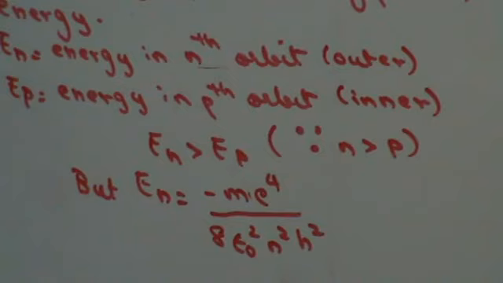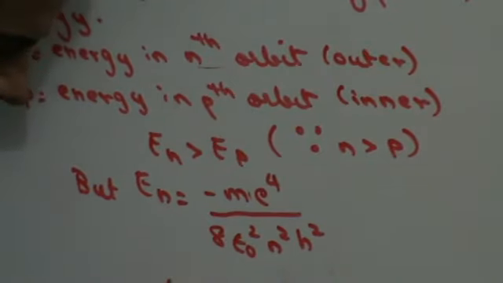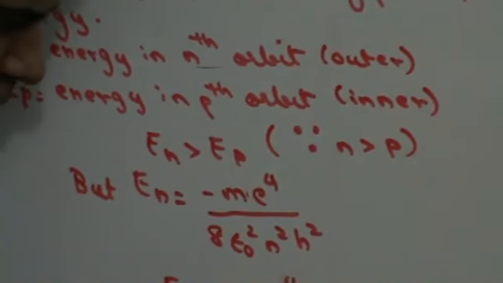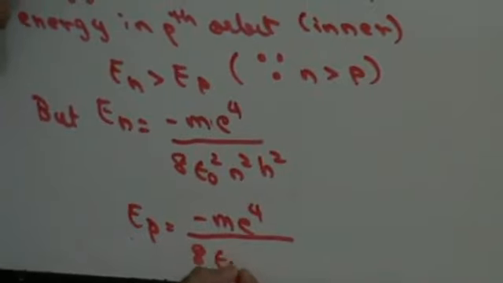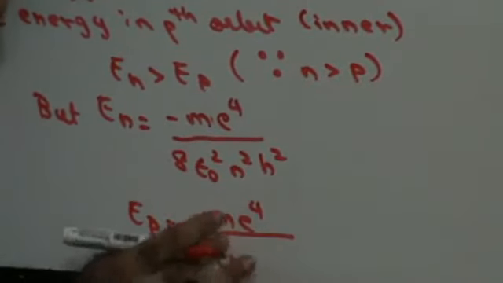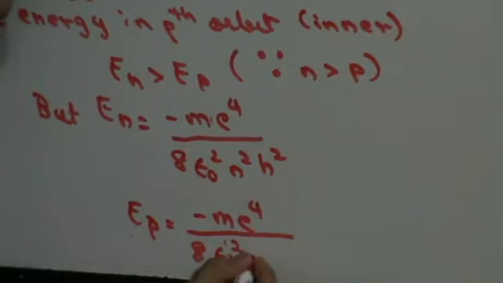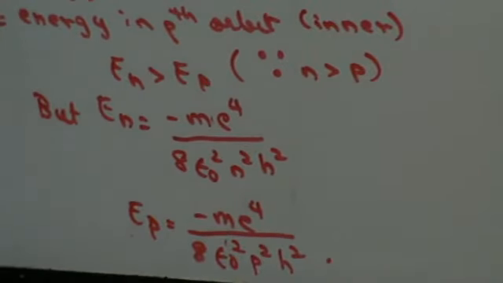We have derived this. Right? Similarly, energy in the pth orbit will be minus me^4 upon 8 epsilon 0 square p square h square, because here the orbit is p.